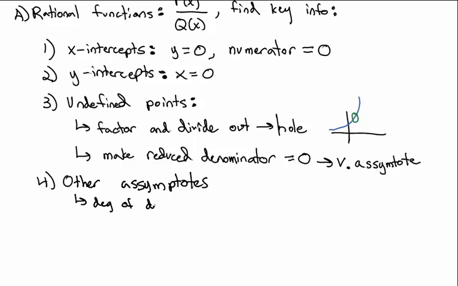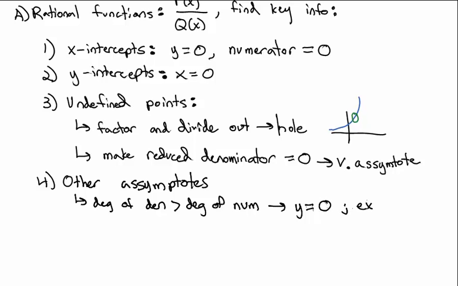The degree of the denominator, because that's what we're really interested in, is greater than the degree of the numerator. In this case, the denominator is going to be considered bigger, taking over, and we're dividing by a big, huge number, and so basically we'll get a horizontal asymptote at y equals 0.